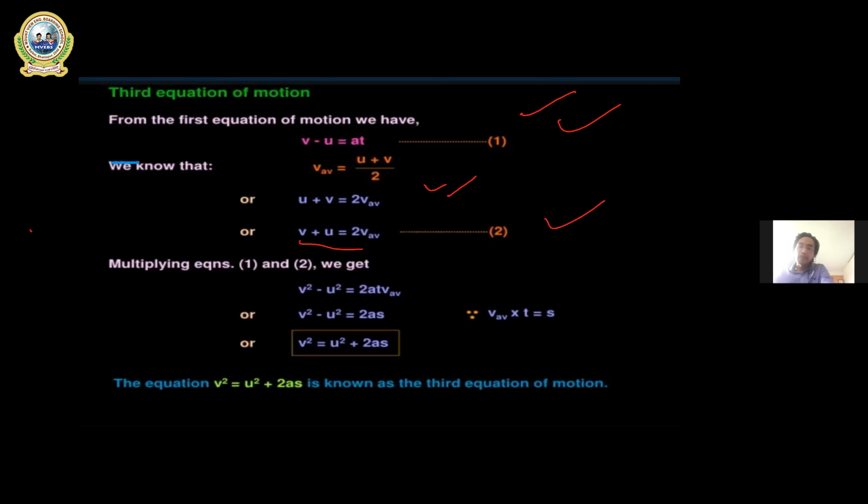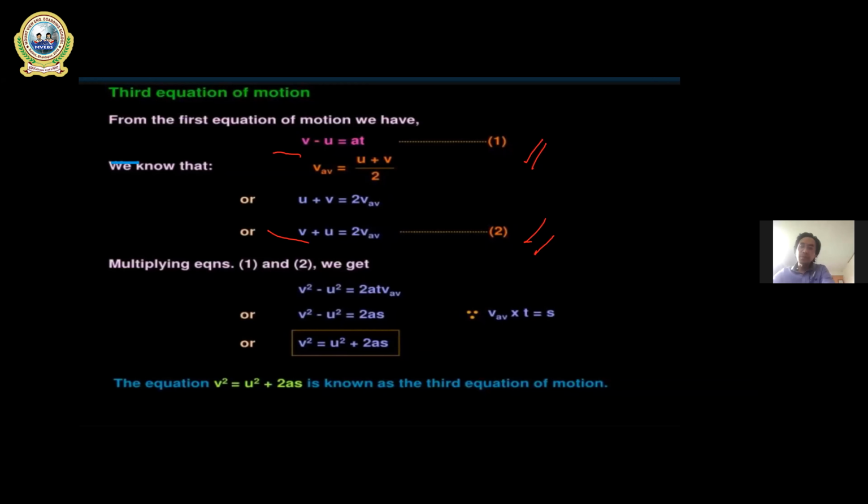Now here you have equation first, and this is equation second. So let's multiply both equations. You have v minus u at the left hand side in equation first, and v plus u at the left hand side in equation second. It is just like (a minus b)(a plus b).